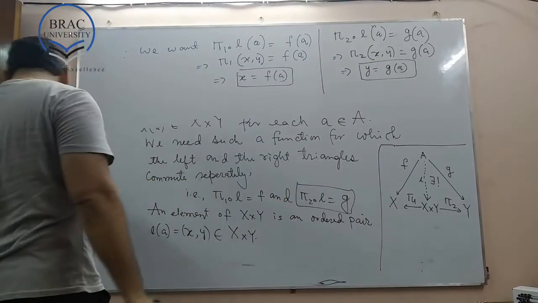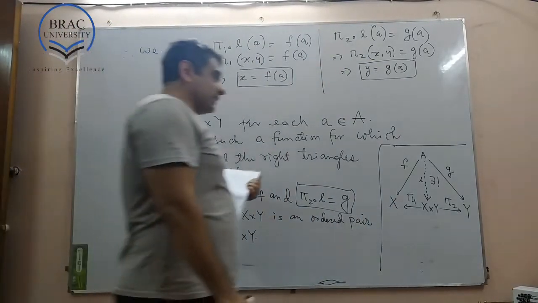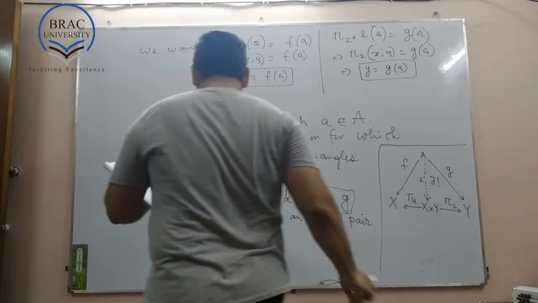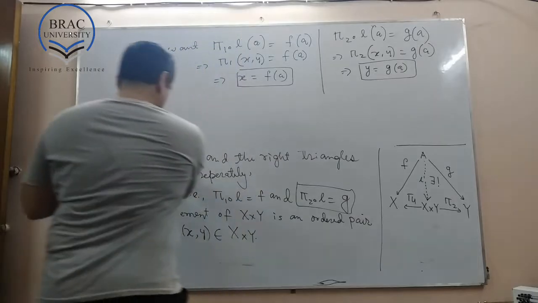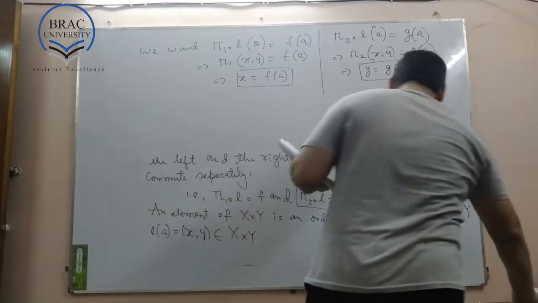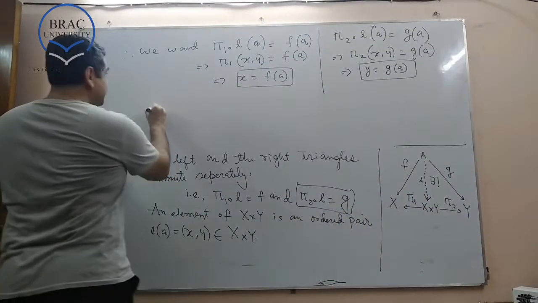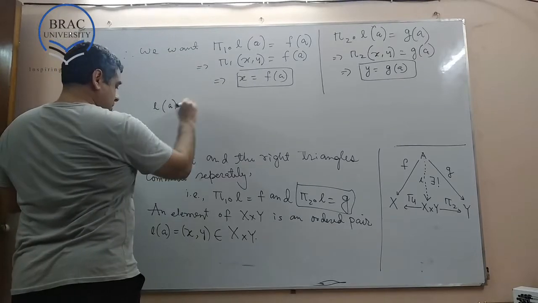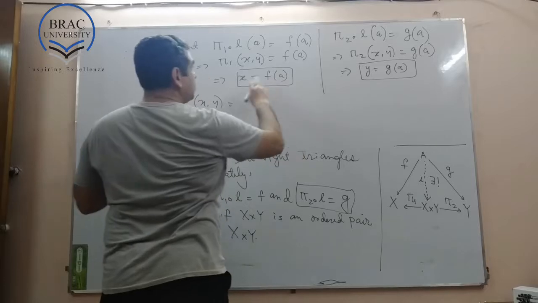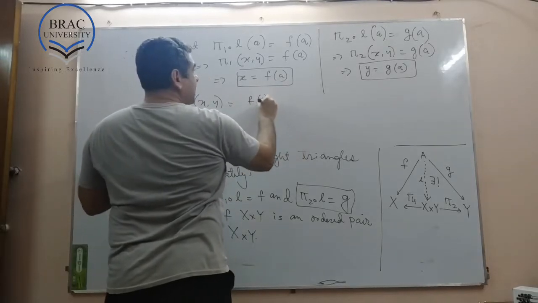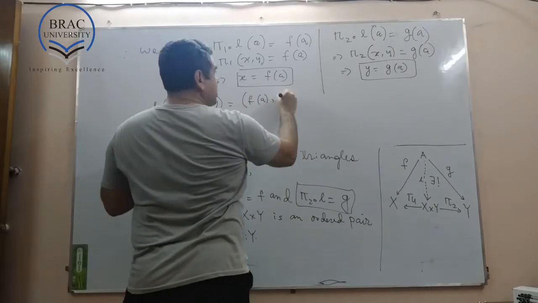So what did we get finally? Therefore, it is necessary and sufficient to define, because we want La to be equal to x comma y, and we need x to be equal to F of a and y to be G of a.